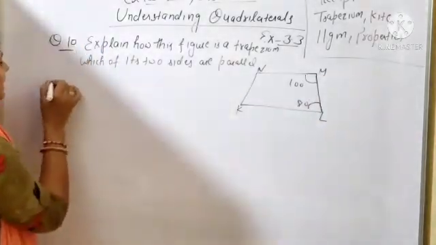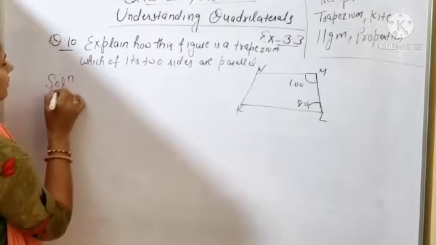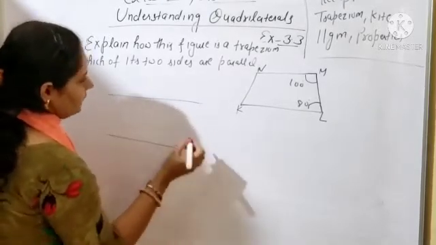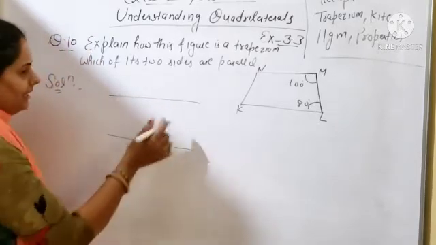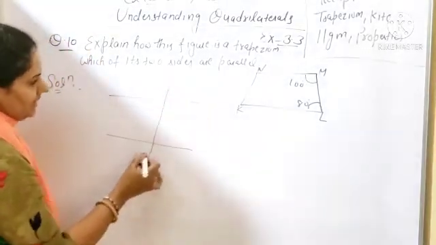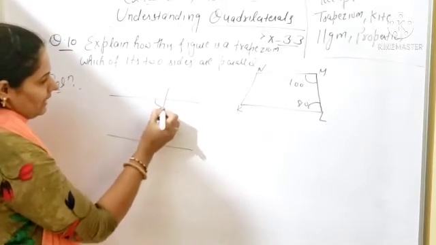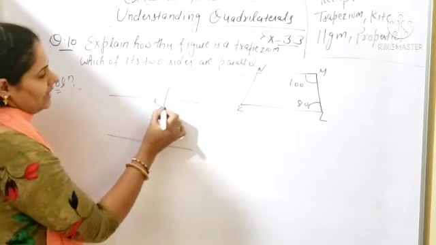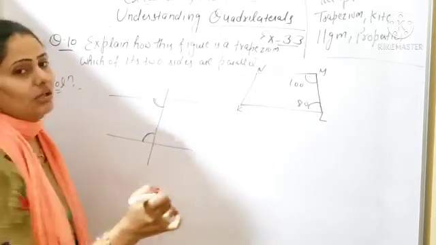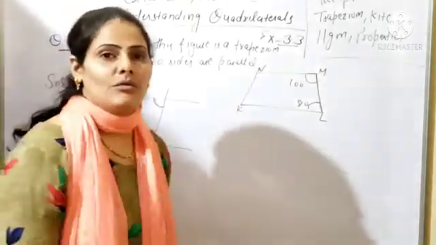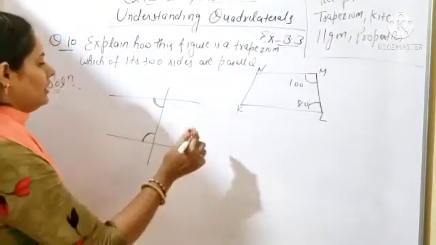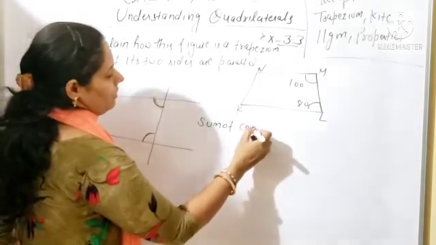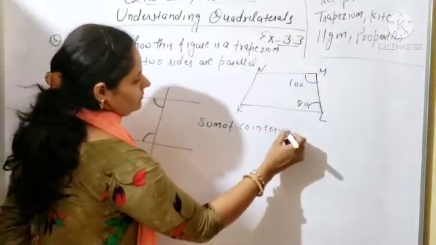So first I will tell you about one property of the angles. If two parallel lines are given and one transversal line is given, this one angle and this one angle are on one side, interior angles. These types of angles are called co-interior angles, and the sum of co-interior angles will always be equal to 180 degree.